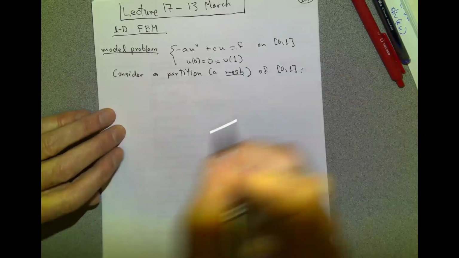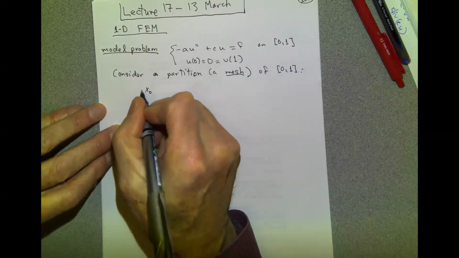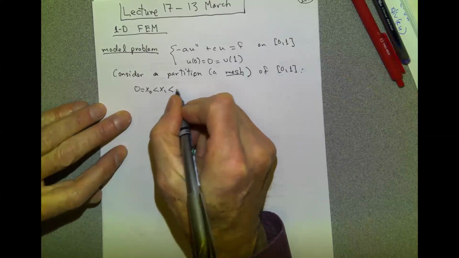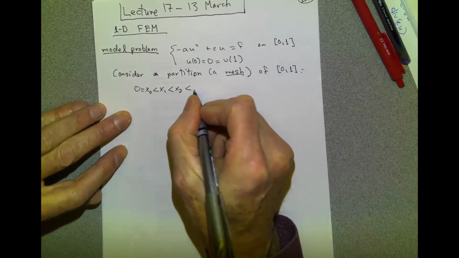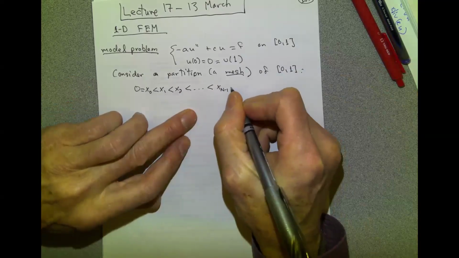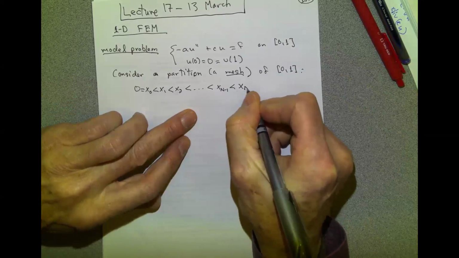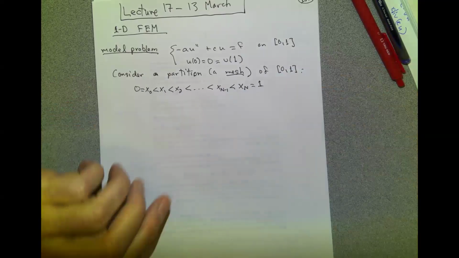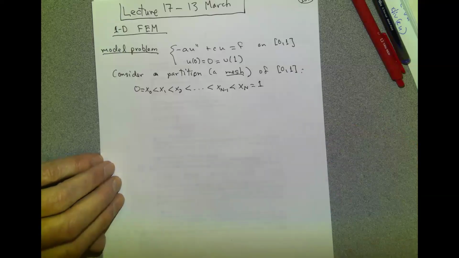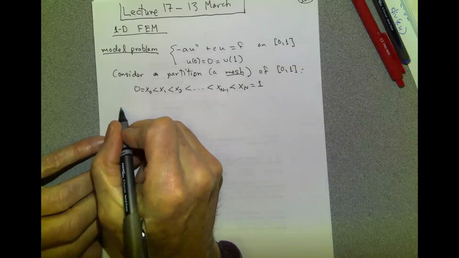And this one I'm going to take as that. So you will have x0 equal to 0, which is smaller than x1, which is smaller than x2, and so on and so forth, up to x_{N-1}, which is smaller than x_N, which is equal to 1. So I'm having N space points. So that's the mesh.